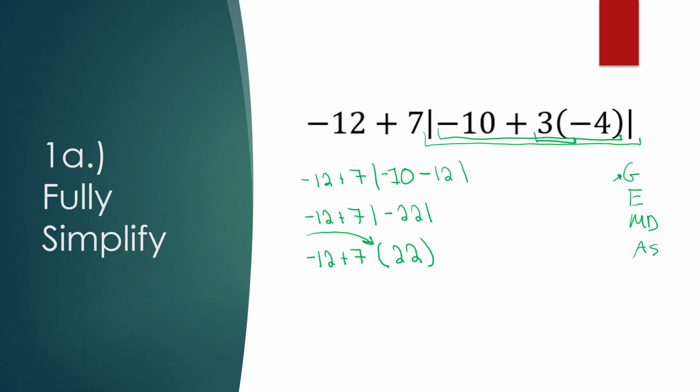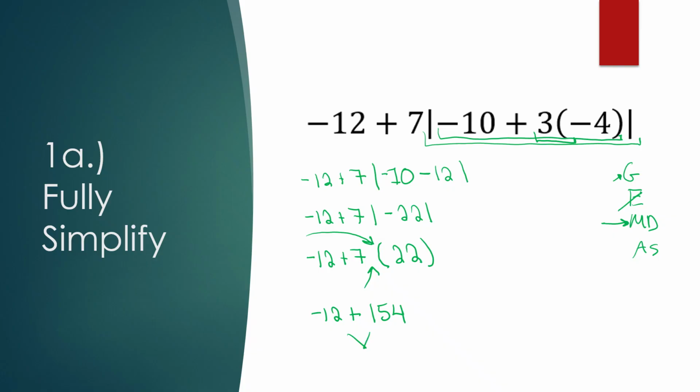Now I'm done with my grouping. I don't have exponents. Do I have multiplication and division? I sure do, right here. So I copy down the negative 12, and then I do my 7 times 22, and I get 154.